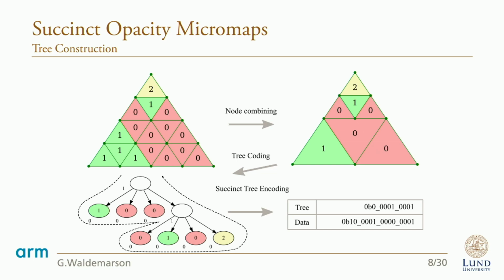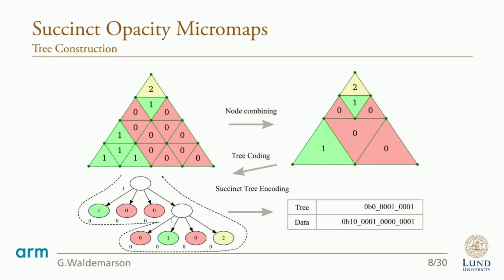So to summarize, the way that I compressed micromaps is as follows. In a bottom-up fashion, combine any group of 4 subtriangles with the same opacity value into a single node, and then repeat this for all subdivision levels, forming our 4-way tree. And then encode that as a succinct bit stream, which you can see in this quick example.